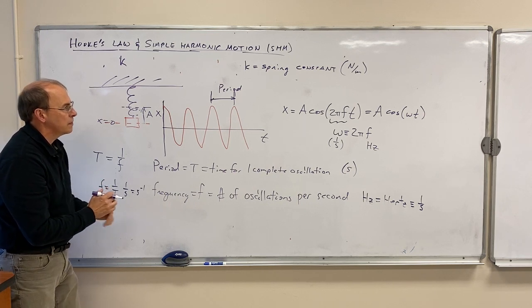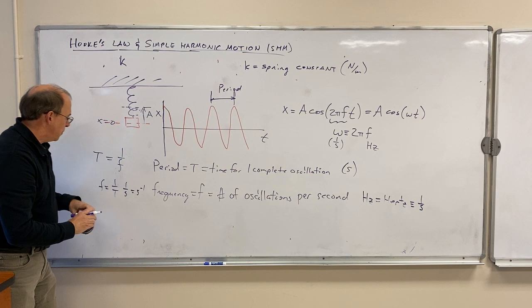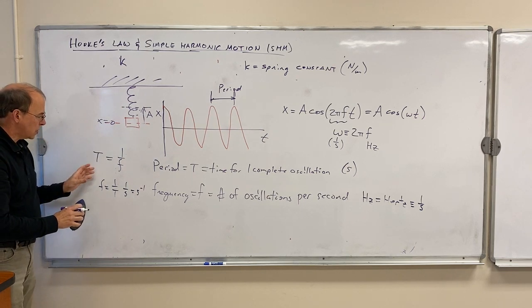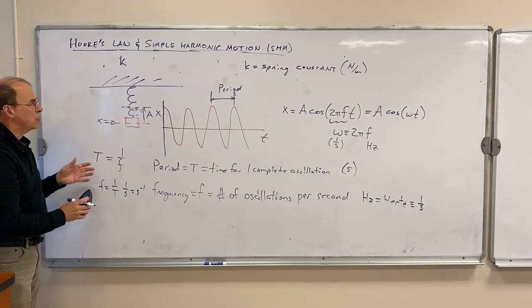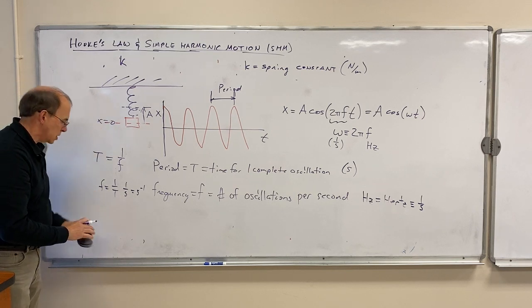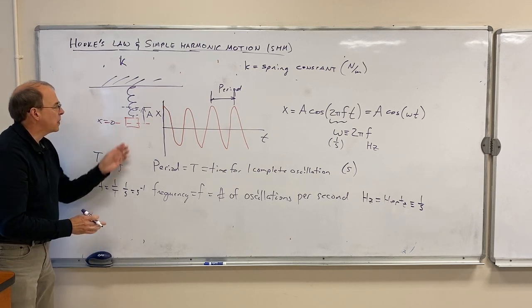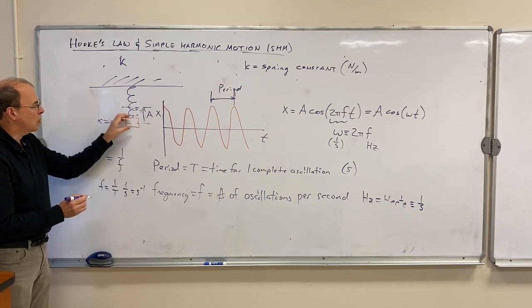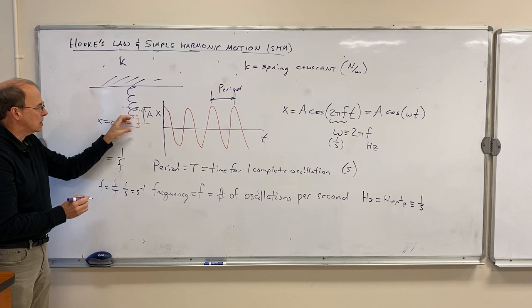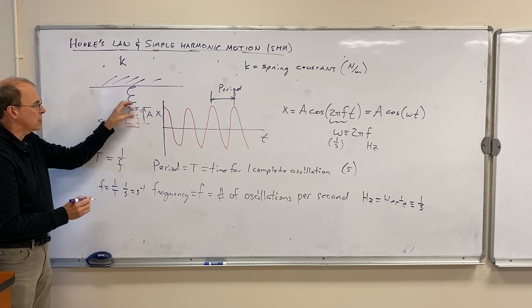Your book then goes on to derive what this frequency and period depend on. I think it's pretty easy to see that they should depend on the mass and the stiffness of the spring. As you put more mass here, it takes longer for this to go up and down.